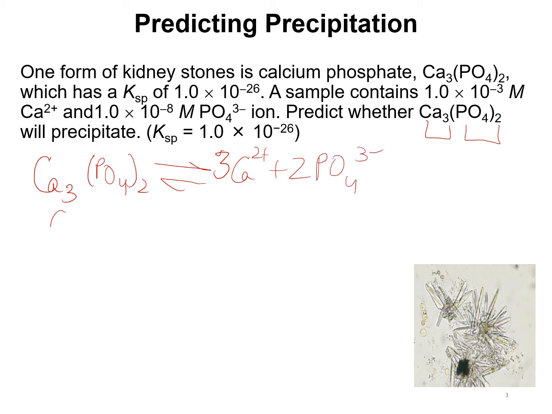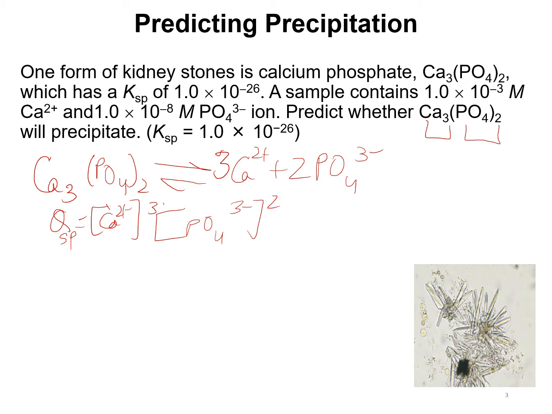So essentially our expression for QSP in this case is going to be concentration of calcium ions cubed, times the concentration of phosphate ions squared.